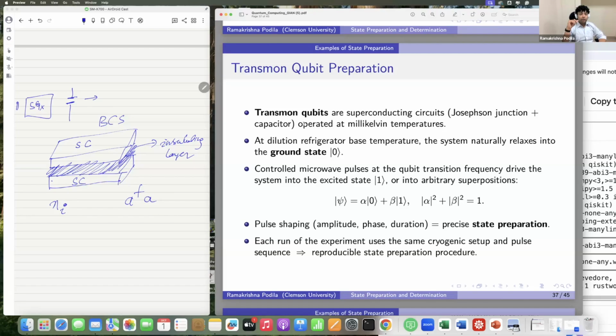Then we use microwave pulses to generate new Cooper pairs in the junction. So the ground state is no Cooper pairs, for example. And if I have one Cooper pair, that's another state, right? And by controlling it with microwave pulses, you can operate on them.